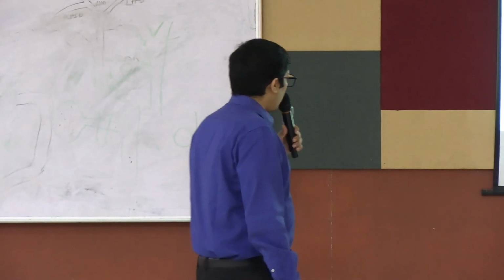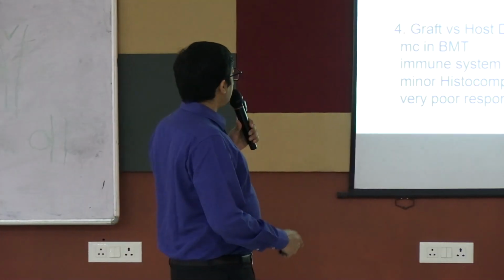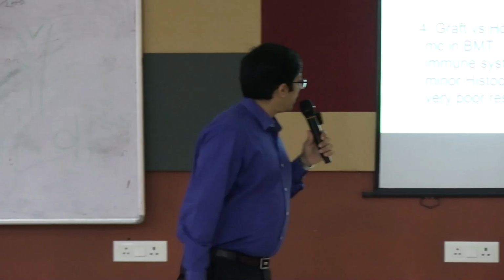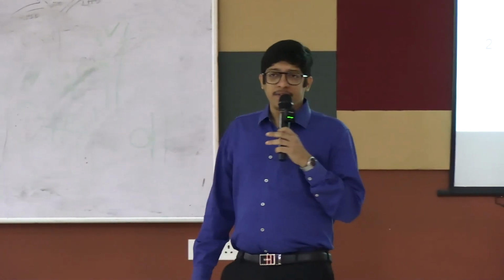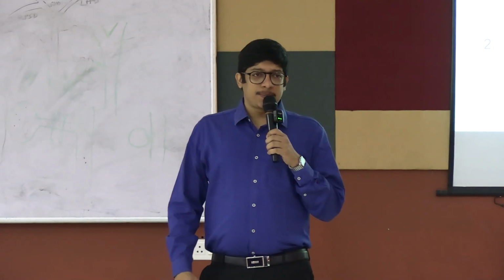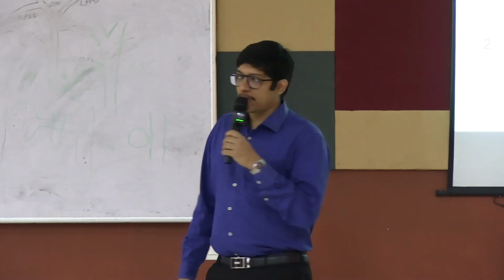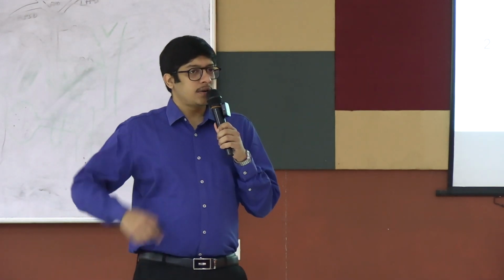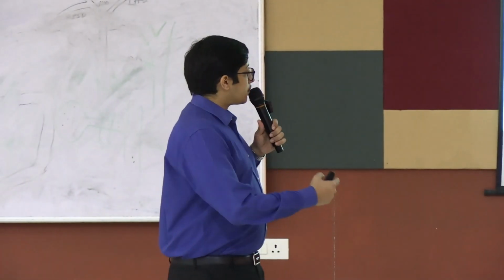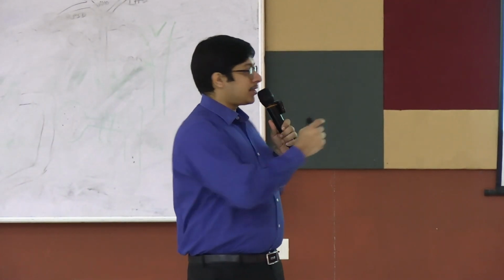So, why is knowing acute rejection important? Acute rejection is important because every patient, in spite of proper preparation, in spite of proper selection, has a chance to undergo acute rejection. So we need to treat this patient.